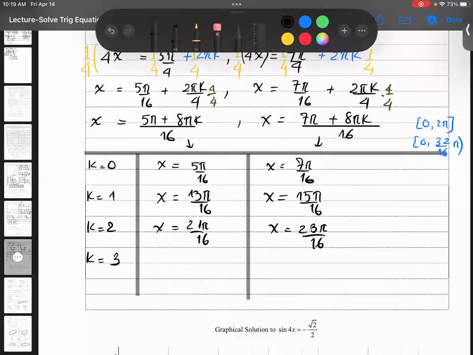Keep going, right? When k equals 3, 3 times 8 is 24, 24 plus 5 is 29. 29 pi over 16. 8 times 3 is 24, 24 plus 7 is 31 pi over 16.